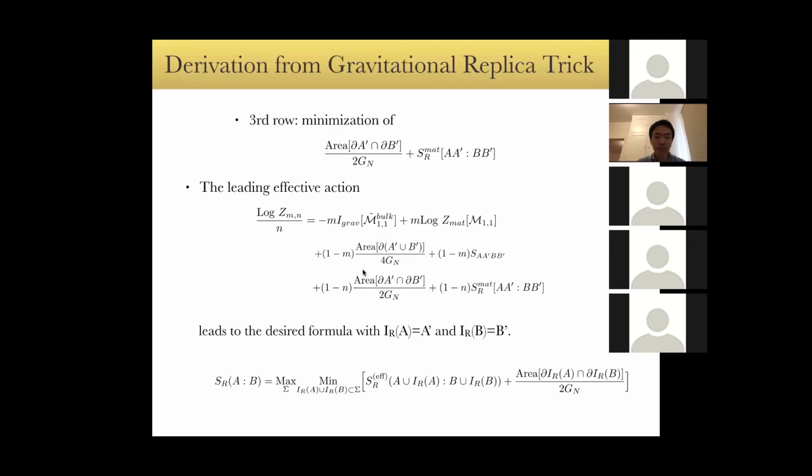It's slightly more ambiguous to me, but we could also follow the original Faulkner's argument, preparing the double for the bath plus the island, applying the island formula to that double state and deriving the proposed formula.